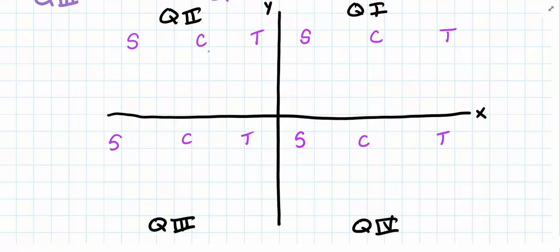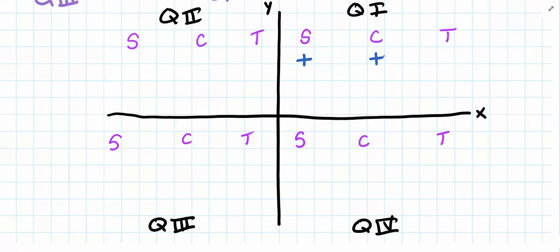The y value will be positive. Agreed? And r is always positive as well since it's a distance, right? So in quadrant 1, the sine of any angle will always be positive. The cosine of any angle will also always be positive because x and y are both positive.